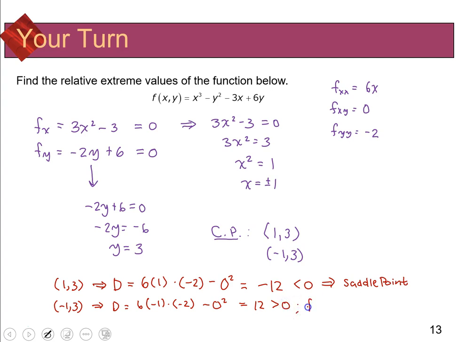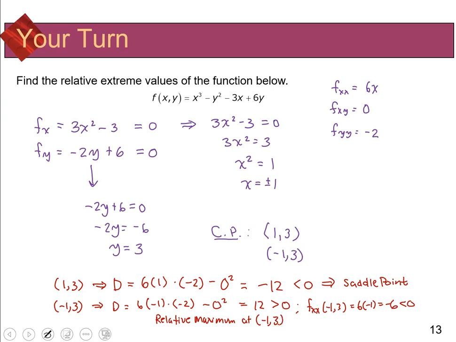Along with that, fxx at (negative 1, 3) is 6 times negative 1, which is negative 6, which is less than 0. That means I have a relative maximum at (negative 1, 3).